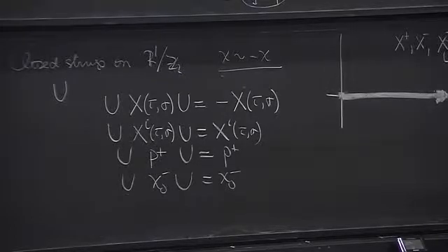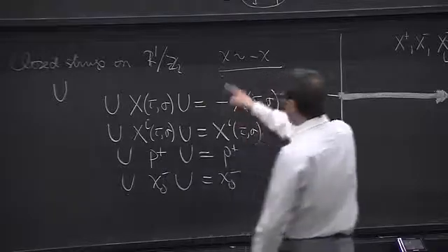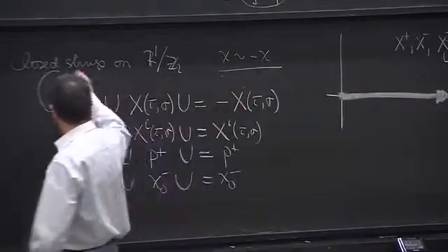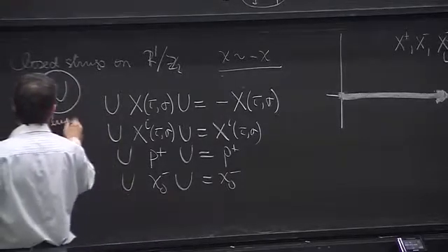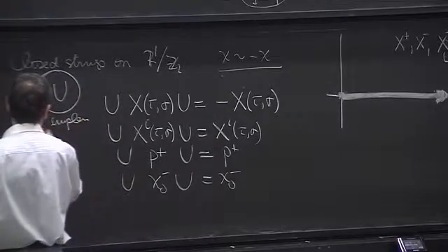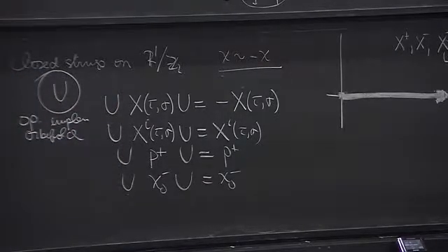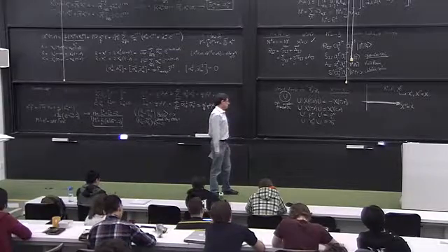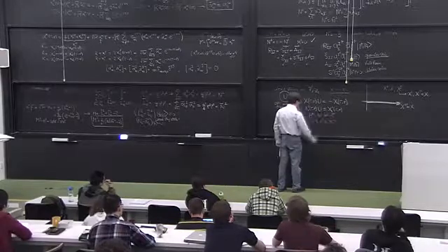Okay. Now you can ask yourselves, if U is an operator that implements the orbifold identification, what does it do to x minus? Well, it doesn't do anything to its zero mode by definition.